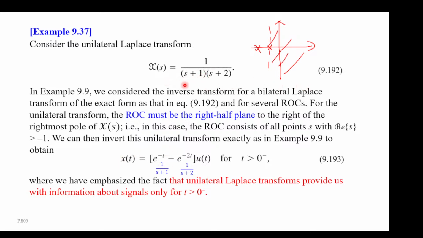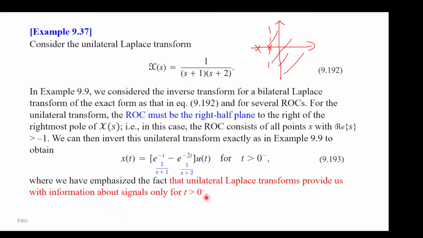So you have 1 over s plus 1 minus 1 over s plus 2 by partial fraction expansion, and inverting both partial fractions to the right side. You have e to the minus t u of t minus e to the minus 2t u of t. This is for t greater than 0 minus, because the unilateral Laplace transform only cares about t greater than 0. Any questions about this?